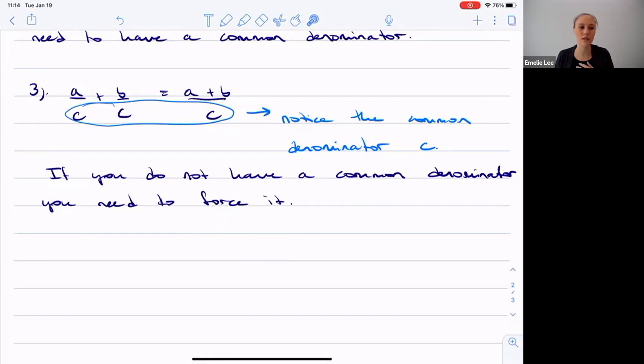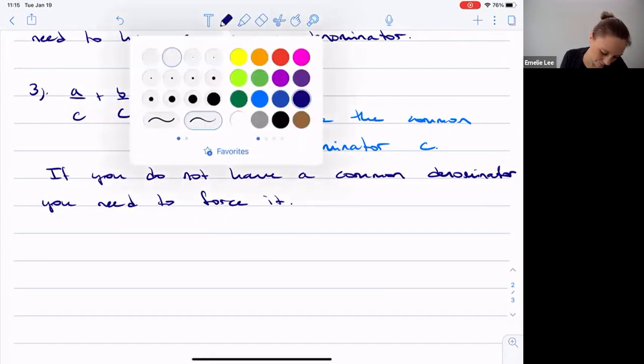Okay, so if you see that you don't have the common denominator, right? What you're going to do is force it by multiplying those denominators, and that will be your common denominator.